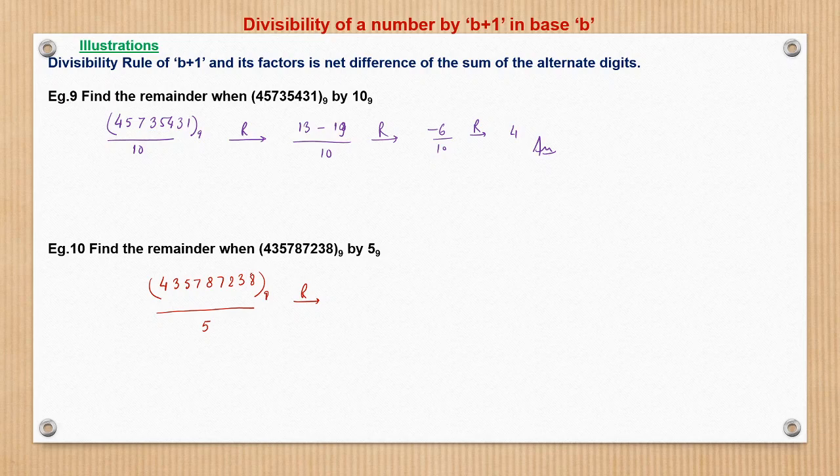So now again we'll add this. 8 plus 2 is 10, 10 plus 8 is 18, 18 plus 5 is 23, plus 4 is 27, minus 3 plus 7 is 10, 17, 17 plus 3 is 20, right? So this becomes 7 by 5, remainder is nothing but 2.